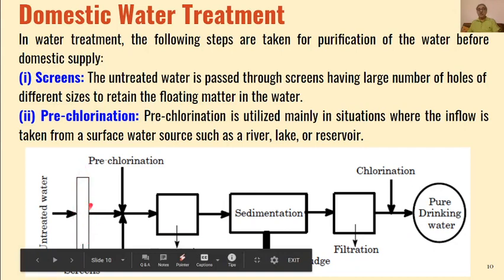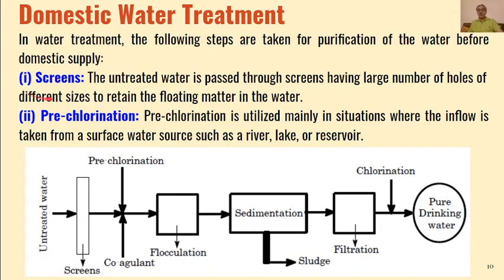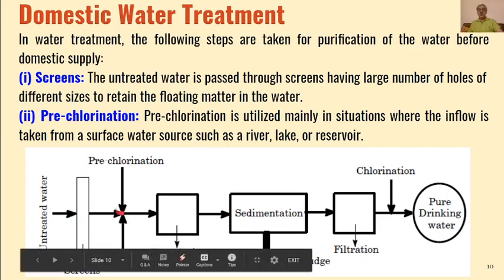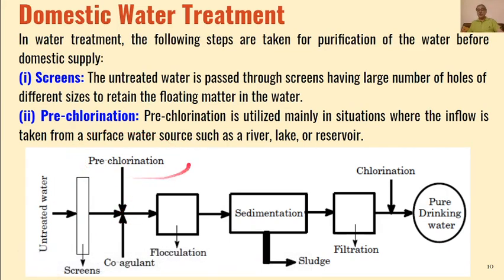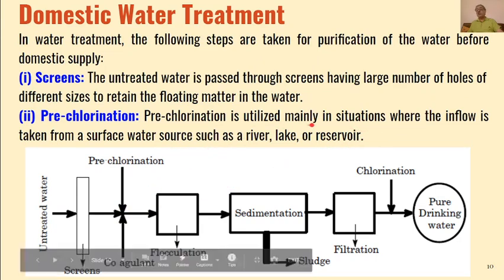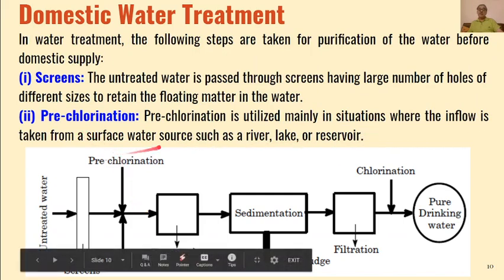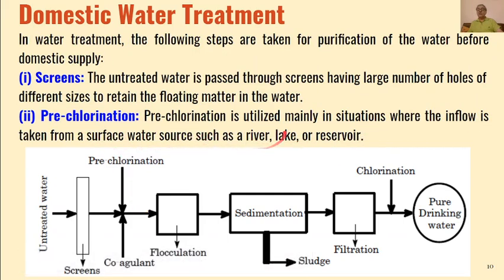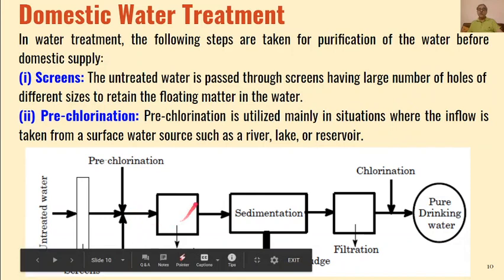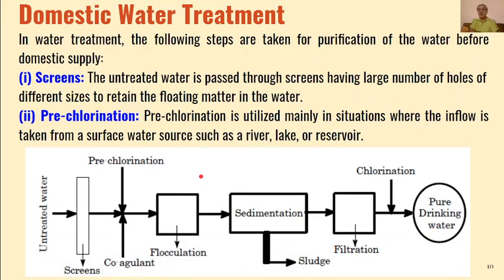Then after passing through these screens, the water undergoes pre-chlorination. Pre-chlorination is mainly done where inflow is taken from a surface water source such as a river, lake or reservoir. In addition, we add a coagulant along with pre-chlorination.